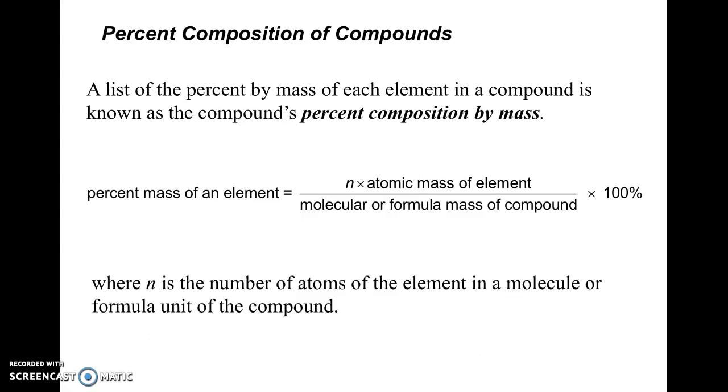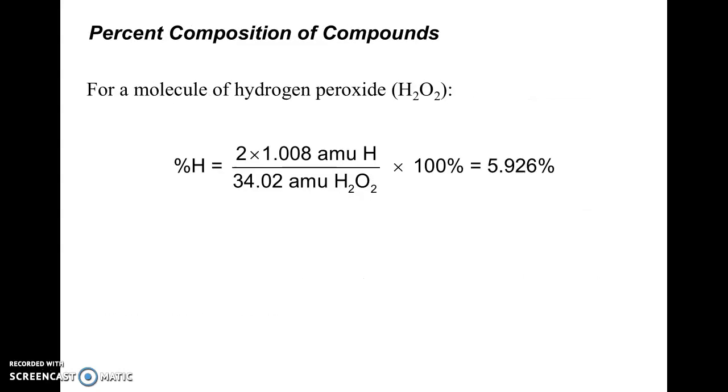Okay, another important way that we talk about compounds is by percent composition, and that's by mass. And so you would use N times the atomic mass of the element divided by the molecular or formula mass for the compound. And because you want it to be a percentage, you multiply by 100. So N is the number of atoms of a particular element. And so I have an example here.